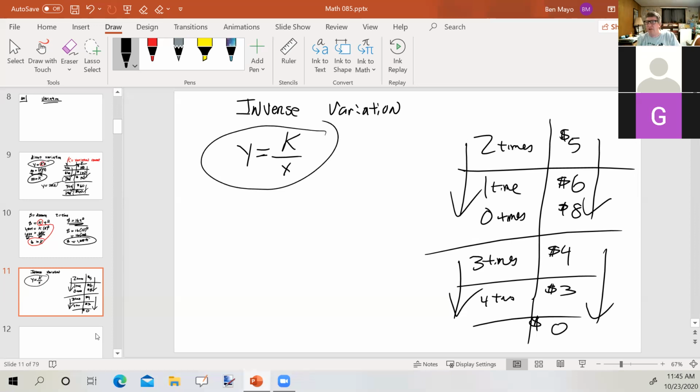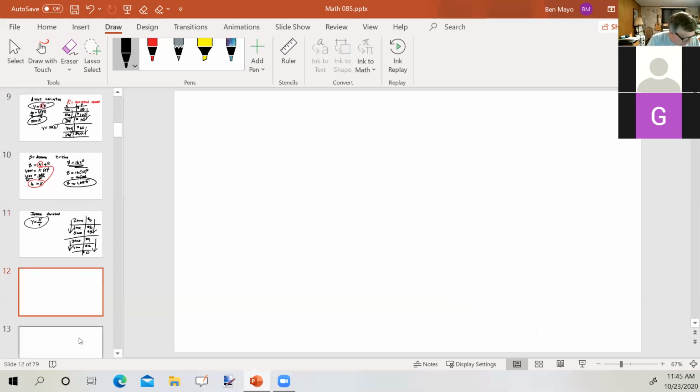Again, k, the variation constant, is there. Let's take a look at an example of that. Okay. This problem is about organ pipes, a pipe organ kind of thing. You've got all these different size pipes, and the bigger the pipe, the lower the frequency, those really low notes where the whole building shakes.